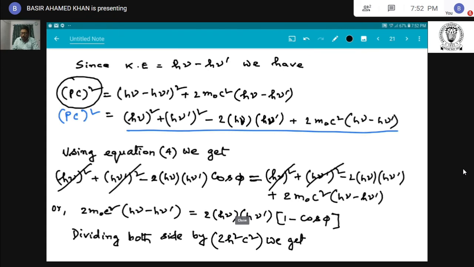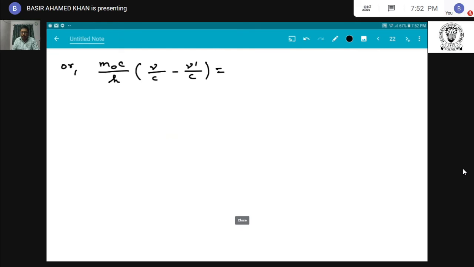Dividing both sides by 2 h square c square, then (m0 c by h) into (nu by c minus nu prime by c) equal to (nu by c) into (nu prime by c) into (1 minus cos phi).